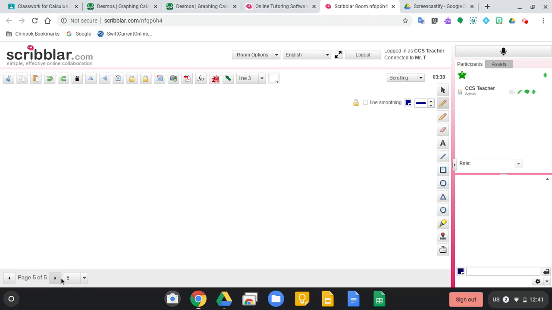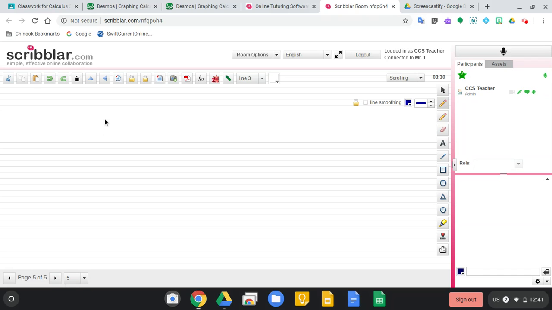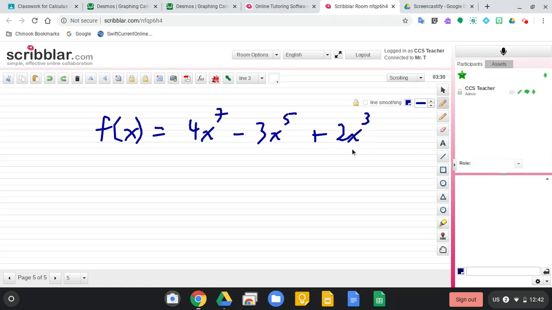So if I did a quick example, if I had a function f of x equals 4x to the power 7 minus 3x to the power 5 plus 2x cubed plus 17, I could find my first derivative, f prime of x.